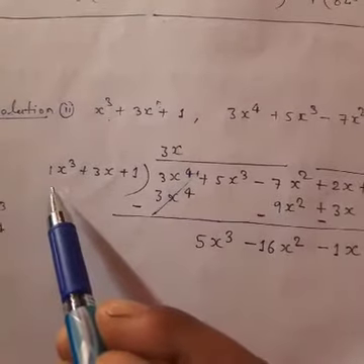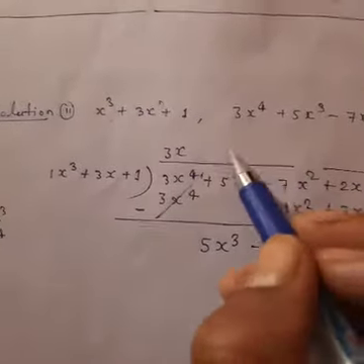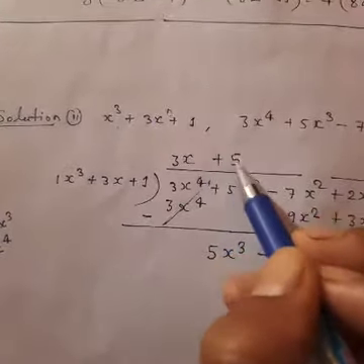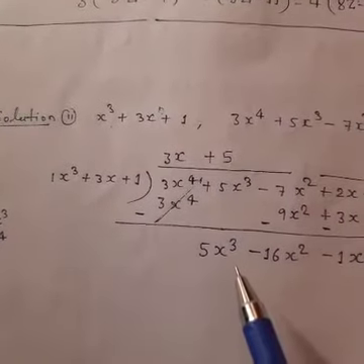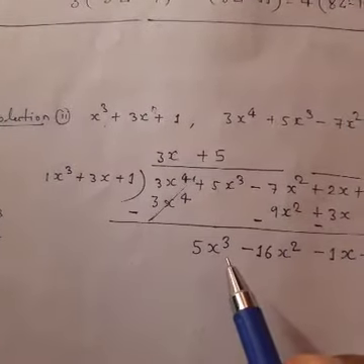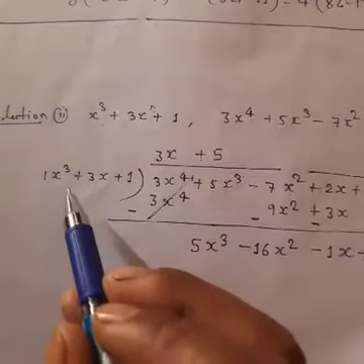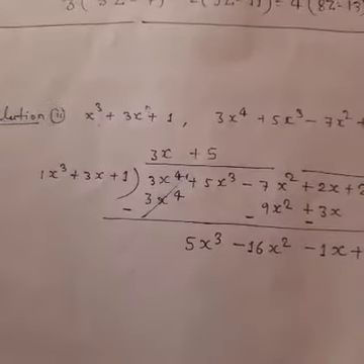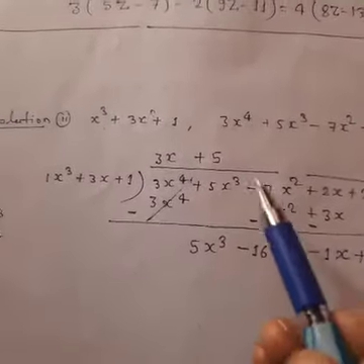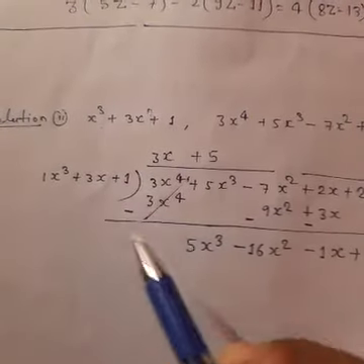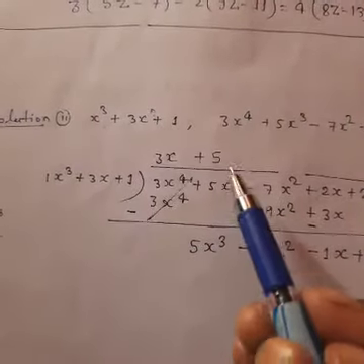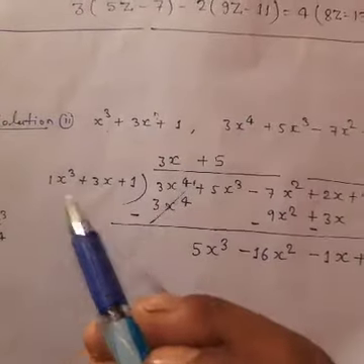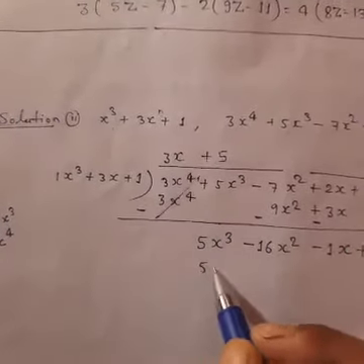So we have to multiply it by 5. We don't need any other x because the degree of x here is 3 and the degree of x in the divisor is 3, so no further x is needed here. So we will only multiply by 5 to make the coefficient 5. So 5 multiply 1, 5 and x cubed.